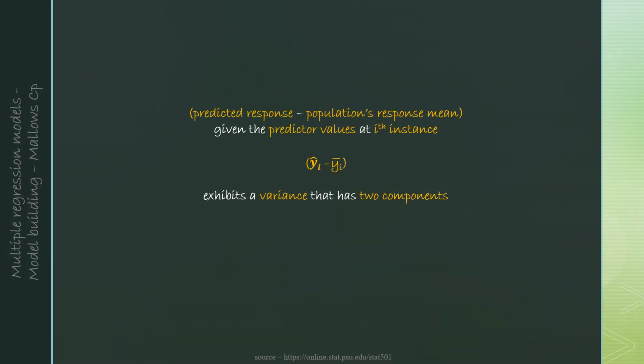The predicted response minus the population's response mean given the predictor values at the ith instance, which is given by yi hat minus yi bar, exhibits a variance that has two components. The first one being the variance in the predicted responses across samples due to sampling variability.